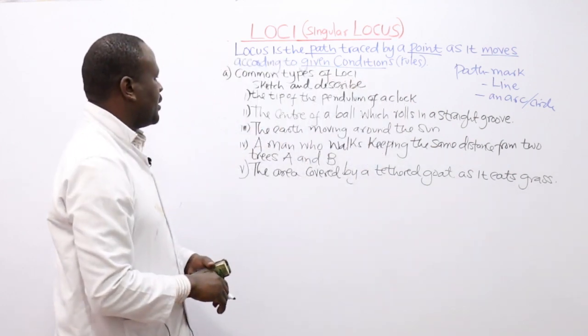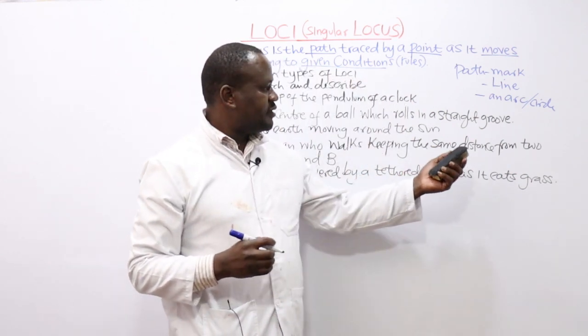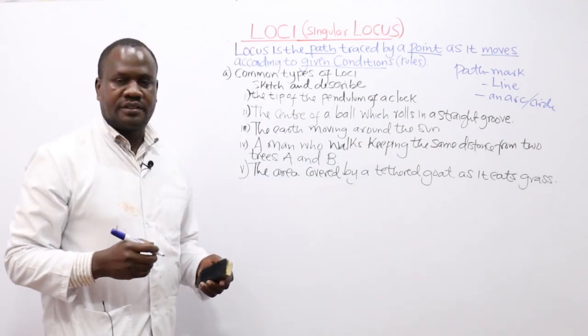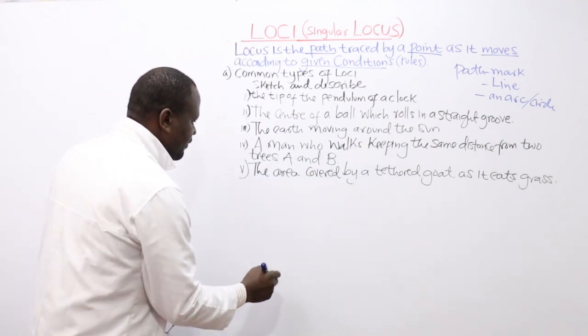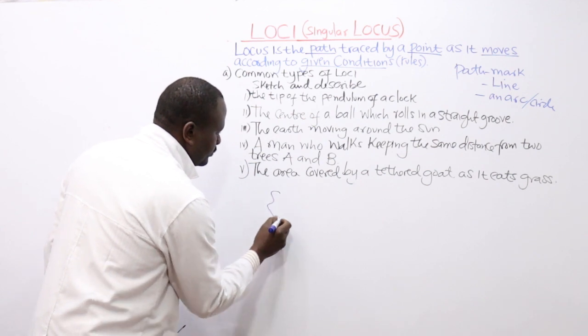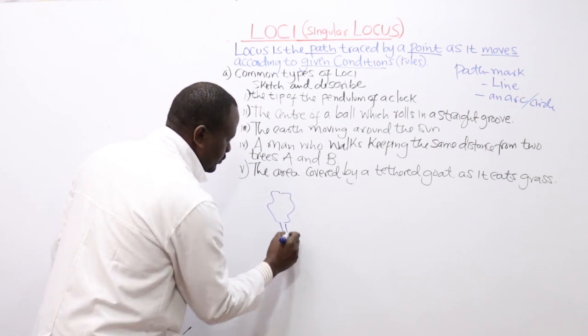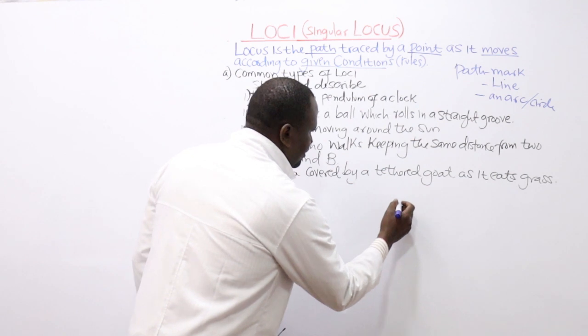So, what about part 4? Part 4 says, a man who walks keeping the same distance from the 2 trees, A and B. So let's have a tree here, and another tree here.